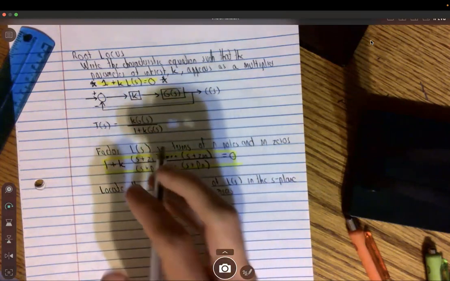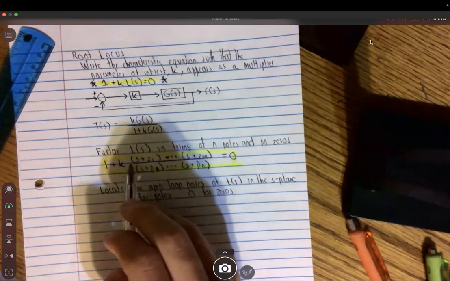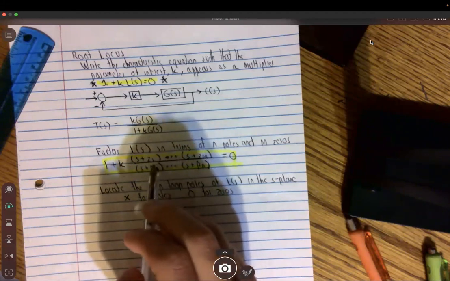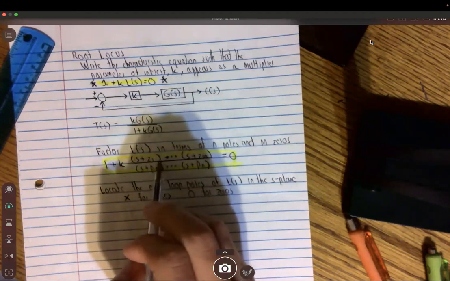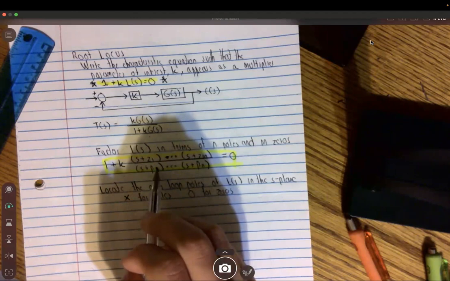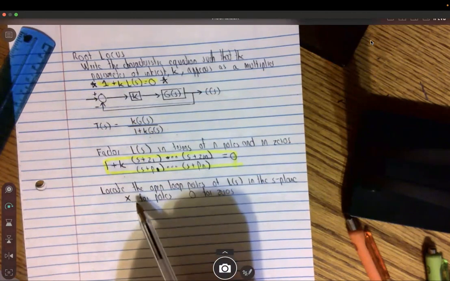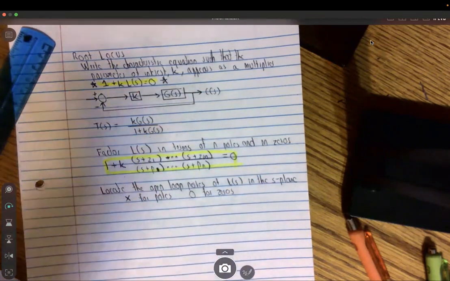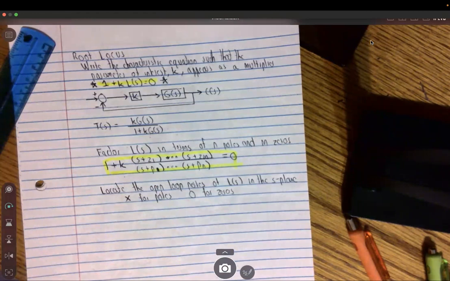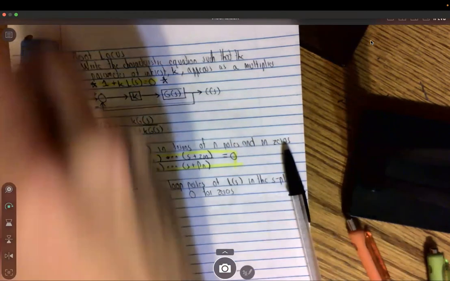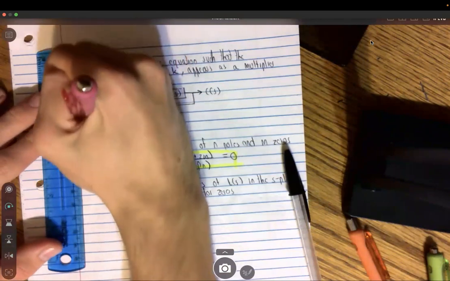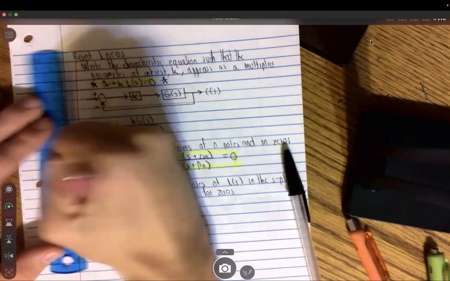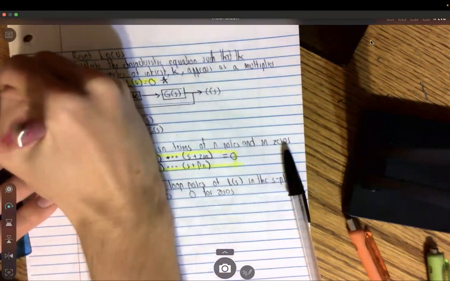And then after you get the characteristic equation, make sure you know where your zeros and poles are, and rewrite it so that you write your zeros in the numerator all over your poles. And then you're going to plot them. All of this is your pre-work to all the rules here. So this is your preliminary analysis.